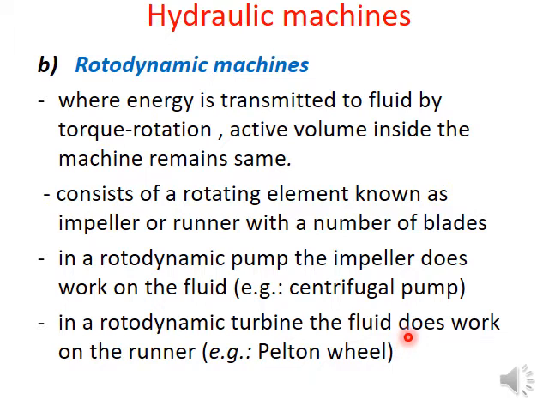Water impinges on a series of buckets and the runner rotates and generates torque, which is used to drive a generator, and finally you can convert mechanical energy to electrical energy, like in many of the power stations we have in our country.